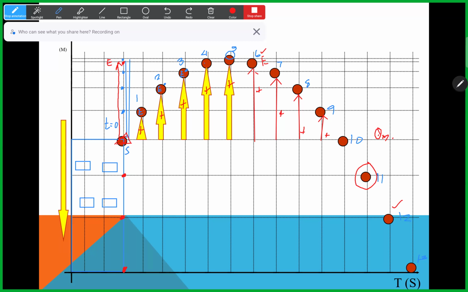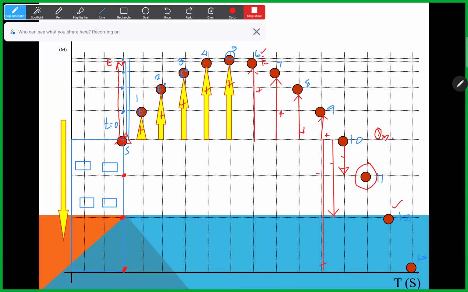So what's my displacement for 11 seconds? There's my displacement for 11 seconds. For 12 seconds, for 13 seconds. And these are all negative.